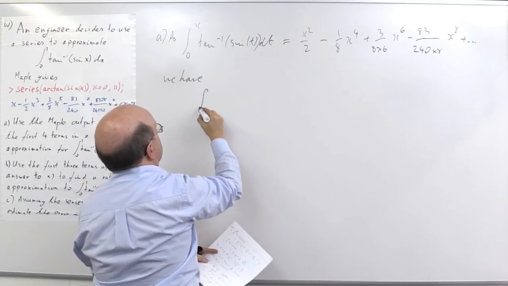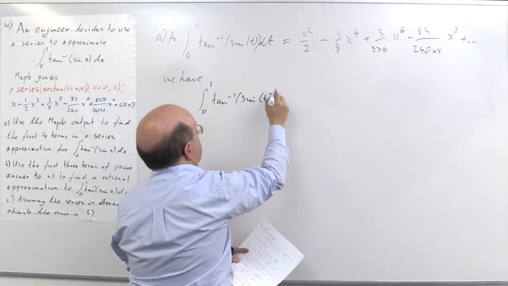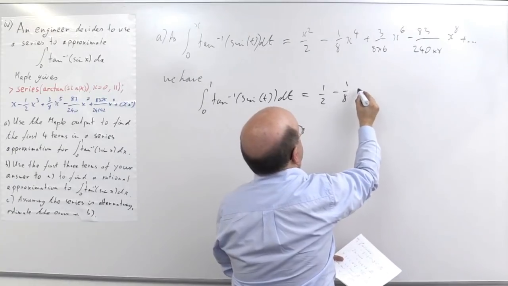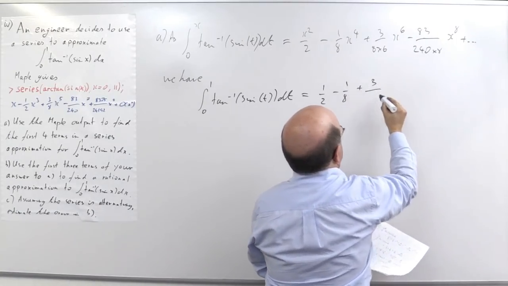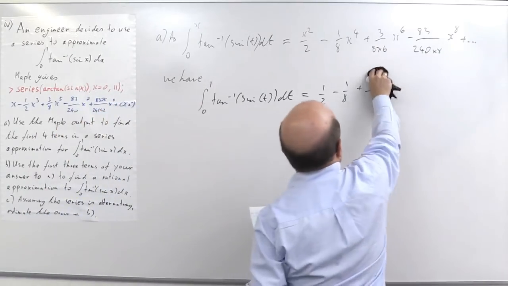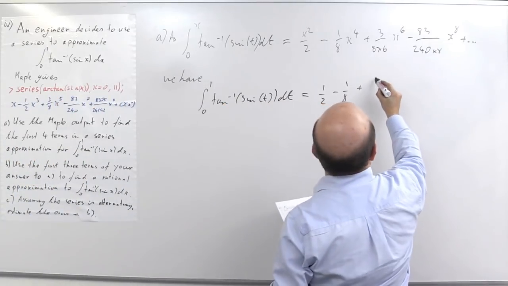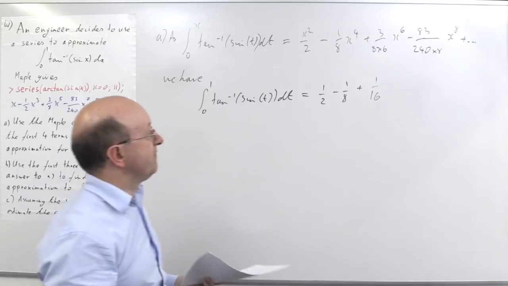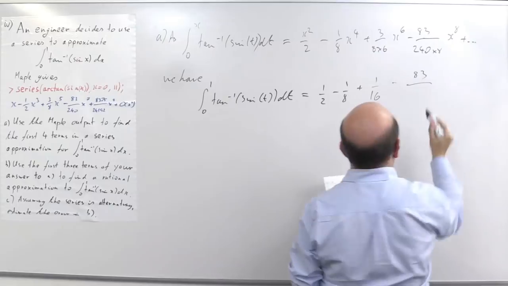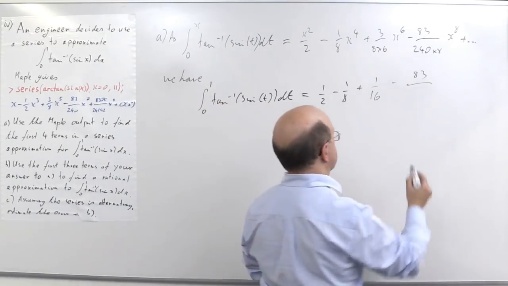We have the integral from 0 to 1 of tan inverse sine of t dt is 1/2 minus an eighth plus 3 over, no, not 3 over, let's cancel the 3's off, get a 16th, right, put the x equal to 1 in here, minus, we want the first 4 terms, 83 over 8 times 240, which is 1920.